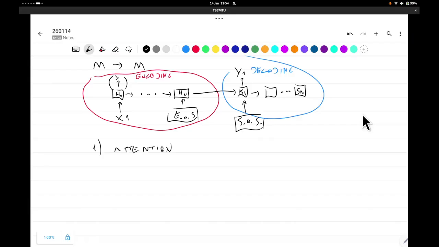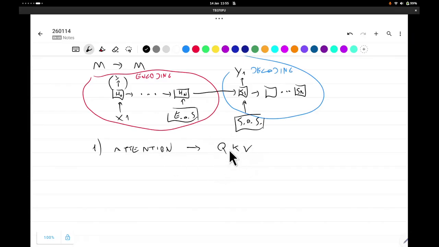So this is, I went in more detail last time, in the lecture that I have uploaded. The thing to remember is this query key value technology. Instead of using the overall hidden state in the encoding and the decoding every time for the prediction of new outputs, we have projections.